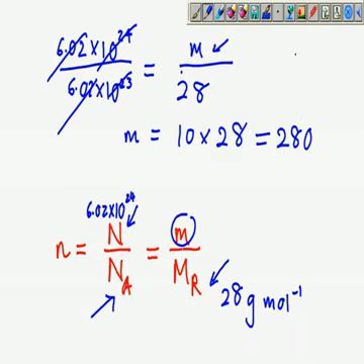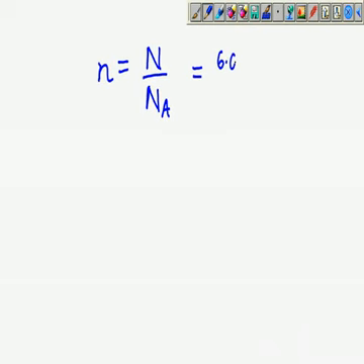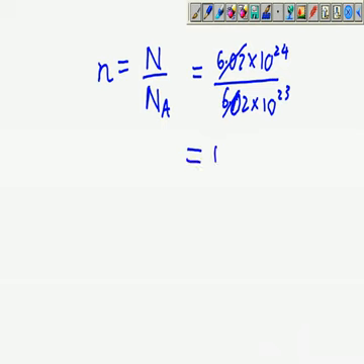Maybe you will feel that this is a bit tough, so I suggest you use another method, which is to find the mole first. So you have 6.02 times 10 power 24 over 6.02 times 10 power 23. Okay, you can cut this off and get 10. And now you write this again, number of mole is mass over molar mass. And it's 10 because you get it from here.